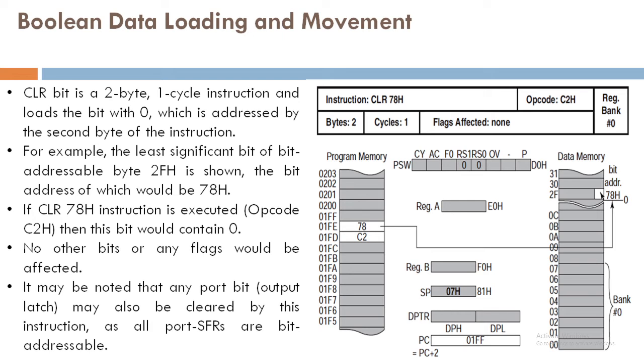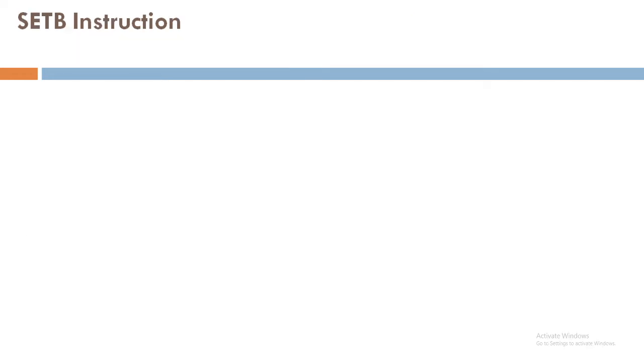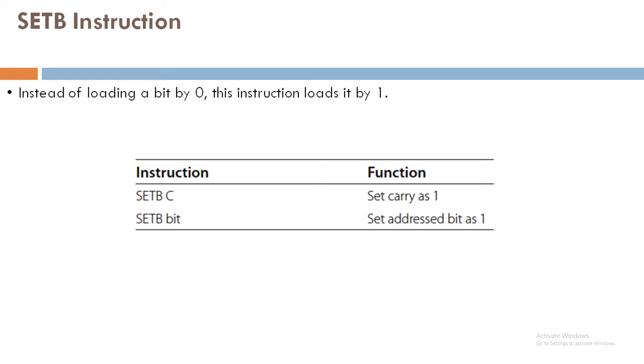So again we'll have to remember that using this instruction we can also clear the bits of any port, since all the ports are bit addressable. So this is the meaning of this particular instruction. Now let's see what SETB instruction means.